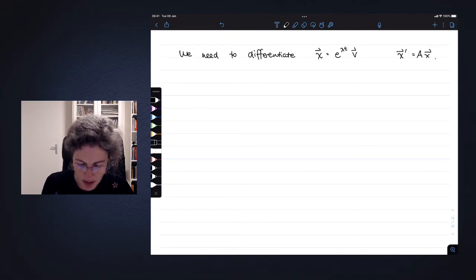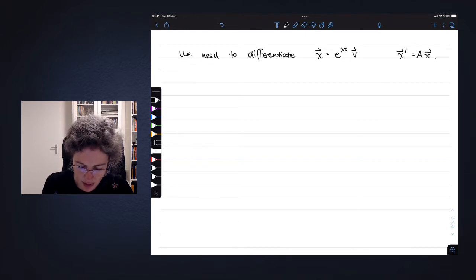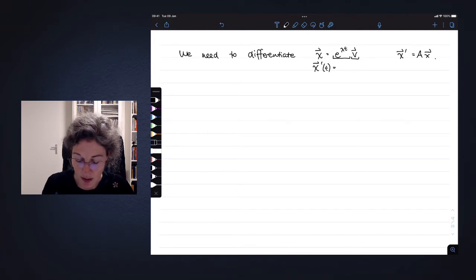So let's differentiate. Remember, we're differentiating each component, but we're just going to write this as a vector. So we're going to get x dashed of t is equal to, and now remember, this is a function of t, our v is a constant, so all our v's will just come along for the ride. The only thing we have to worry about is differentiating this e to the lambda t, which is just a function like we know, and the derivative is lambda e to the lambda t times v.